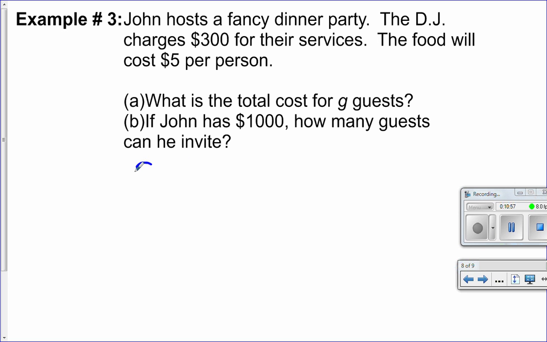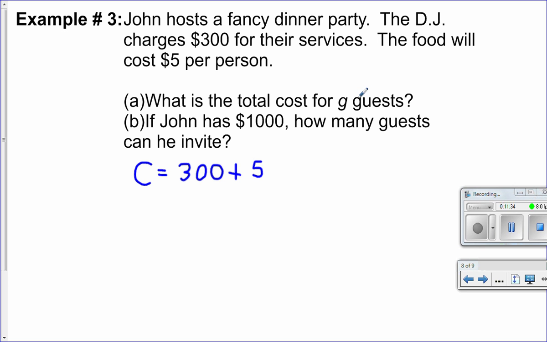So I'm going to write a big C for cost. Now we know that the DJ charges $300 to begin with. And then he charges $5 per person. So that means we have to add, in this case.